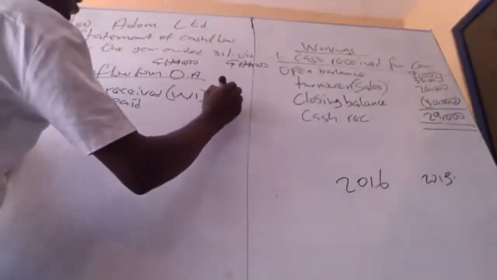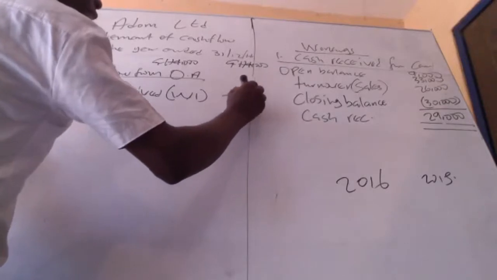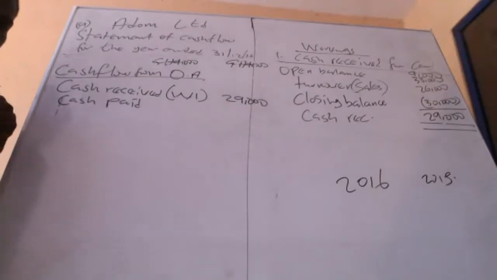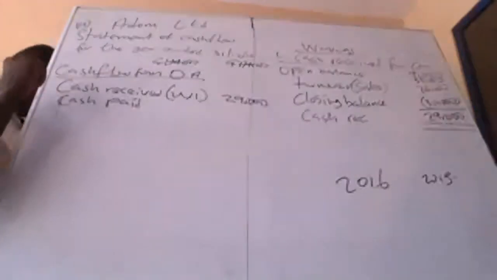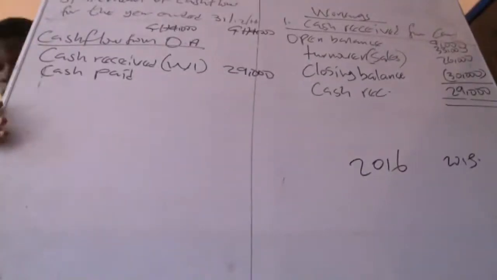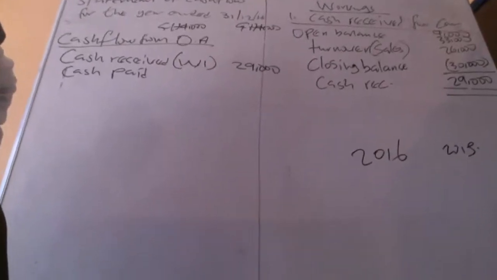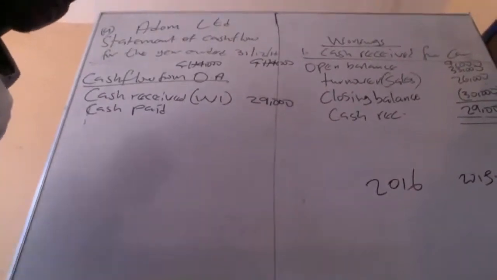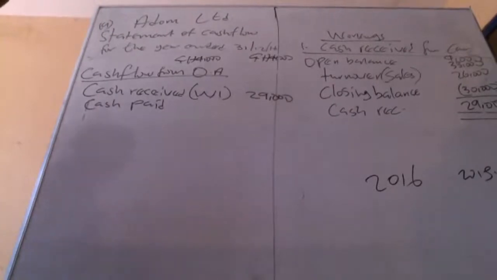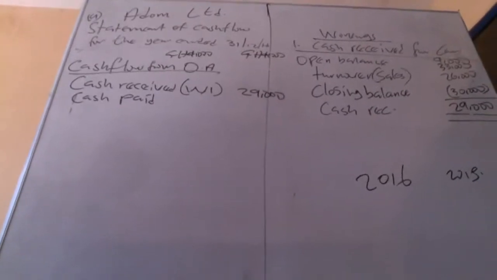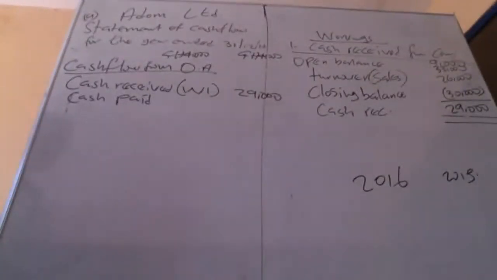So I'll come back here and put the 29,000. That's 29,000. Then let's go to the cash paid to suppliers.